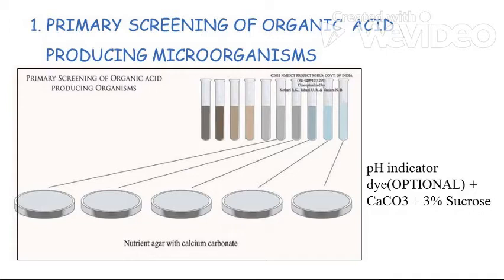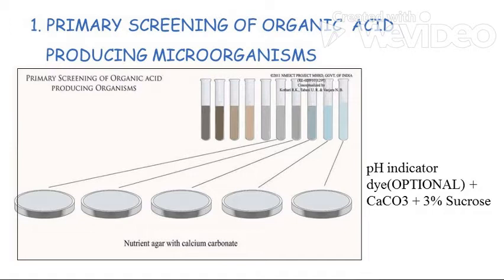On the second day, you will be provided with a slant. So if you get any colony with a zone of solubilization of calcium carbonate, you have to select that colony and inoculate it onto the slant.